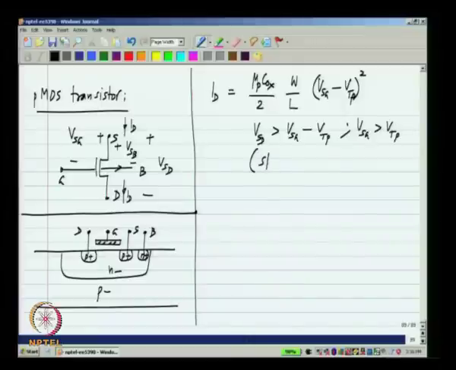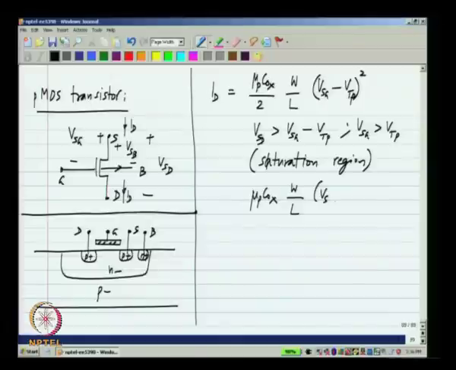This corresponds to the saturation region in the PMOS transistor, and in the linear or triode region we will have the following.